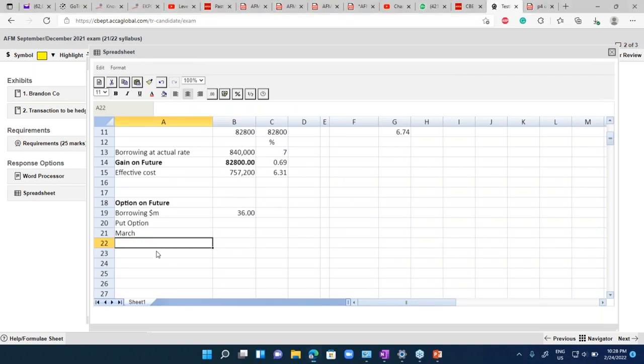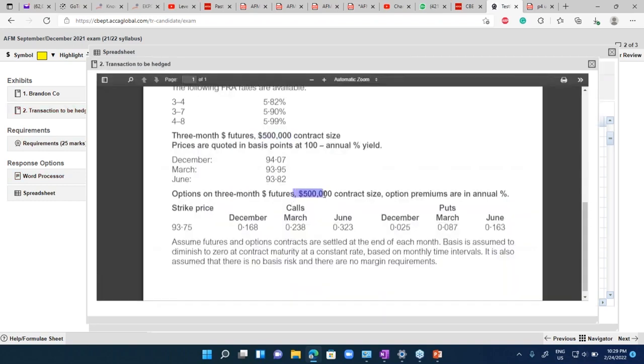You can write it as 6.25. Okay. Now, number of contracts: 36 million divided by 0.5 million into 4 divided by duration of option, 96 contracts. Just check the contract size is same. Yes, the contract size is same.